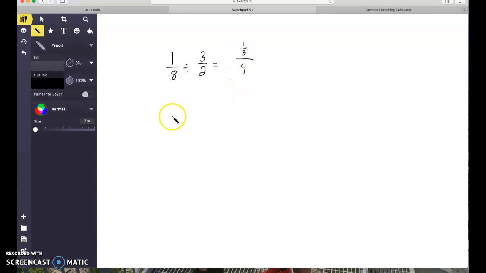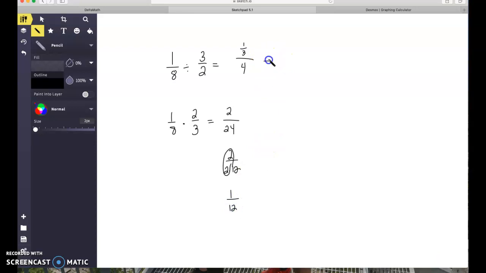In this case, it actually might still be easier to multiply by the reciprocal, right? So 1 times 2 is 2. 8 times 3 is 24. And 2 divided by 24, we know that reduces down to 2 times 12, which gives us 2 divided by 2 is 1, so it leaves us with 1/12.